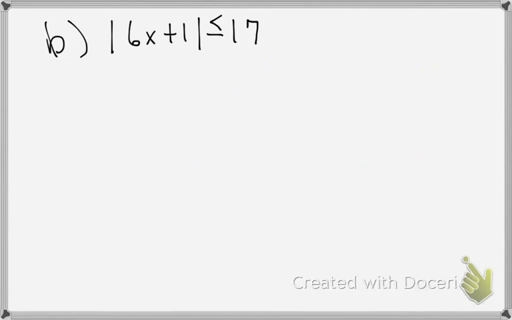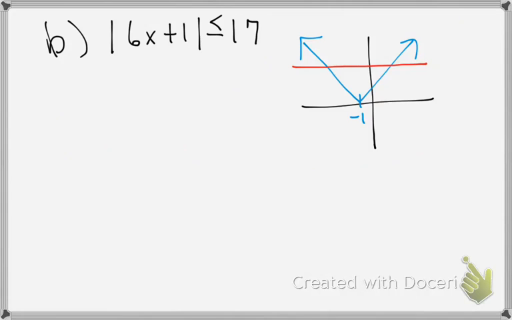So our second problem, we have the absolute value of 6x plus 1 is less than or equal to 17. So same kind of deal as the last problem. I want to start by looking at a graph. So when I look at this, I'm going to end up with a function that's been shifted left 1. And the second thing I'm going to be looking at is the line y is equal to 17.